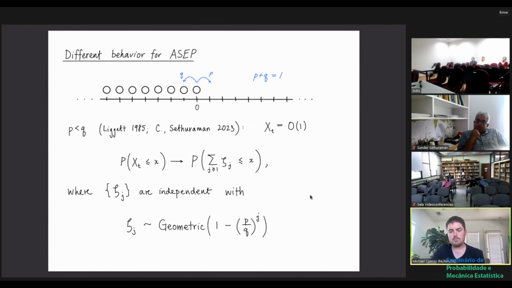We prove this by mapping to a zero range process, which is irreducible and therefore has a unique stationary distribution, which we compute. And this limiting distribution is given in terms of that stationary distribution.